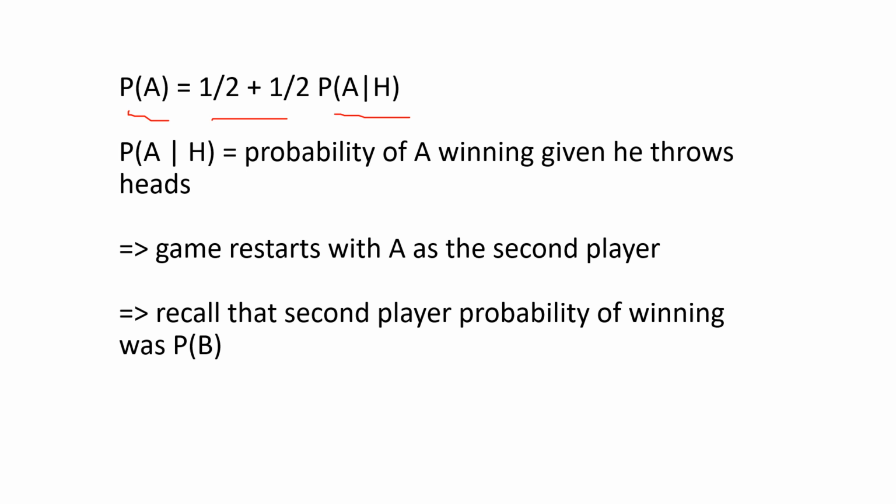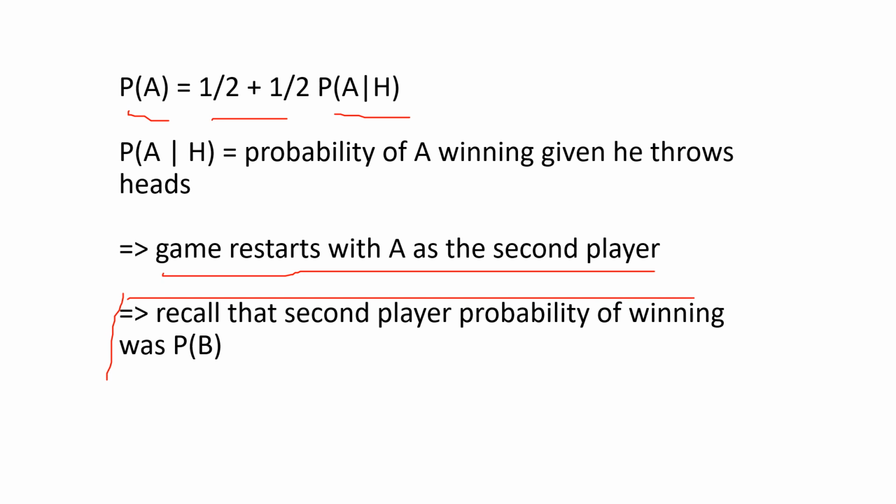So we have the expression: probability that A wins the game is 1 by 2 plus 1 by 2 times probability of A winning given that A tosses heads. Now when A tosses heads, we have just seen the game restarts with A as the second player. That is, B tosses and then A tosses back again. And we have also seen that the second player's probability of winning was PB.